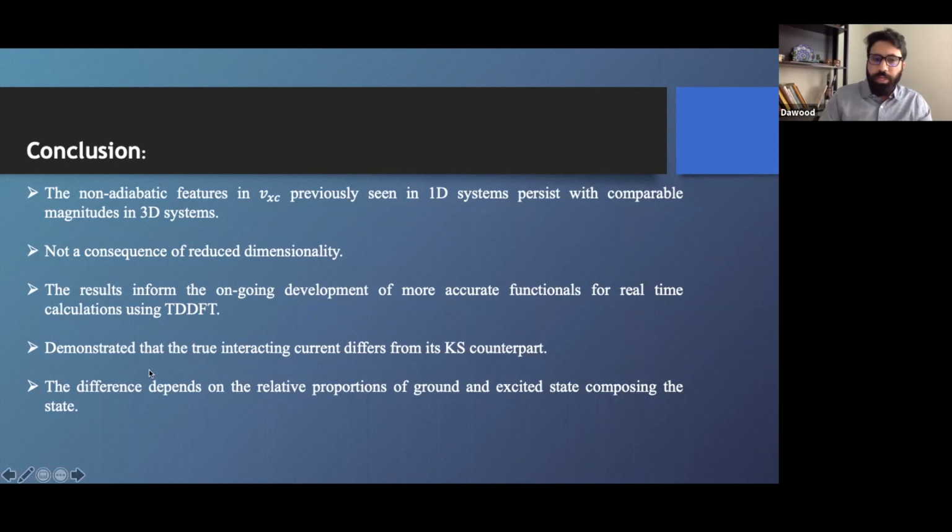We have also demonstrated for this system that the true current does differ from its Kohn-Sham counterpart, and this difference depends on the relative proportion of the ground and excited state that you put in the interacting configuration state. Thank you.